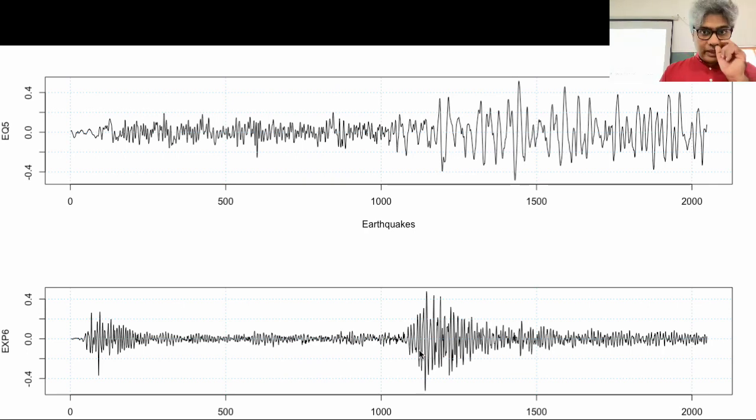So clearly the physical signature is completely different. You don't have to do any kind of analysis, just visual representation will tell you, okay, this is an earthquake or this is an explosion.